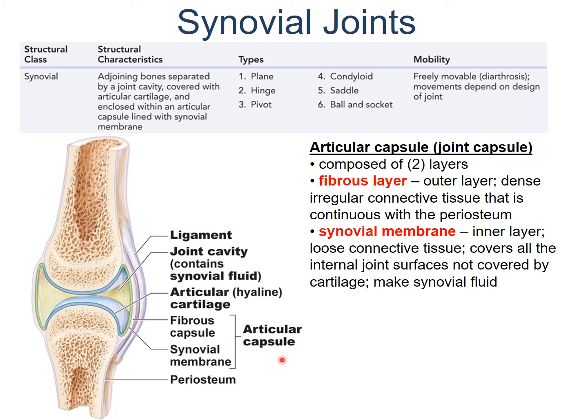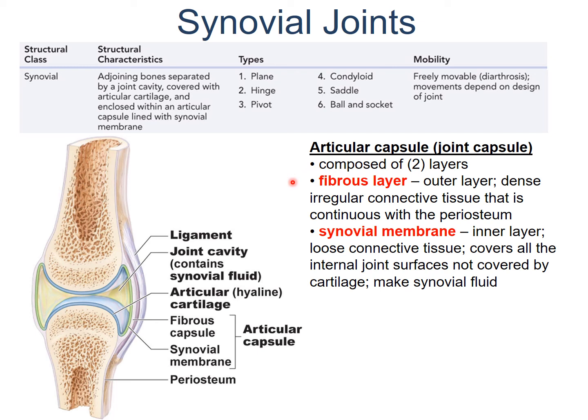All right, so let's talk about the articular capsule. The articular capsule, also up here, can also be labeled as the joint capsule. So on exam 3, you could label this articular capsule, or you could label it as joint capsule. Either term would be fine. Those are interchangeable terms. The articular capsule is composed of 2 layers.